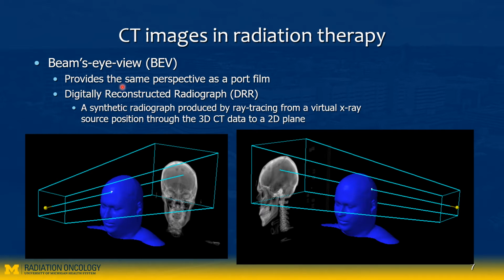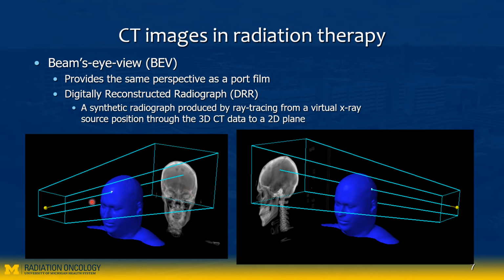This is actually a reconstructed 2D radiograph. So what we acquired in CT is 3D, but here what you see is 2D. How was it created? By following each ray along the patient's 3D anatomy.